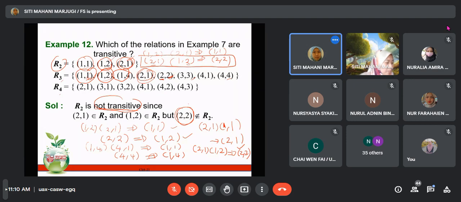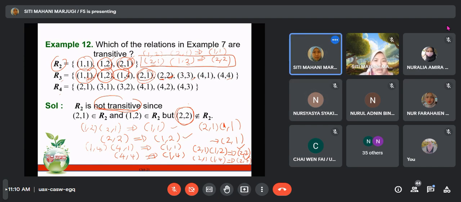So another one, (2, 1) again, and (1, 4). Okay, (1, 4). So we should have (2, 4). Is (2, 4) here? (2, 4)? No, it is not there.